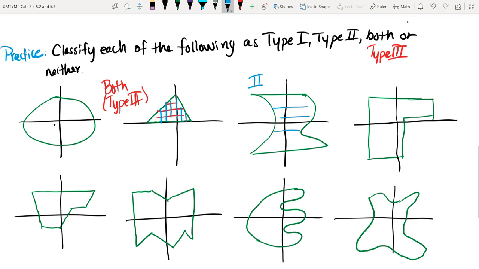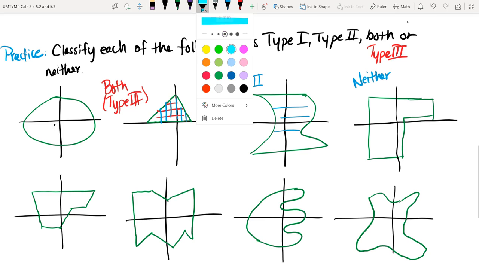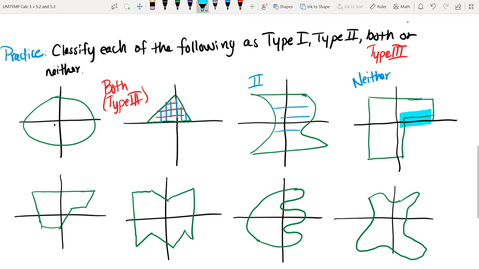And then the next one is probably one that has tripped up a lot of you. This is actually going to be neither. The reason being is precisely this segment, or this edge here.